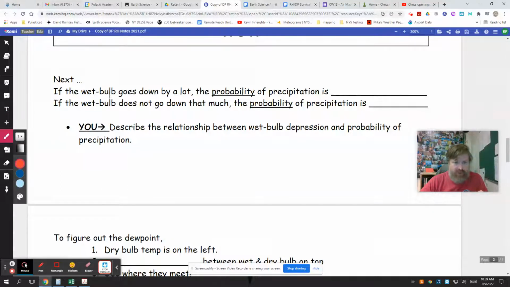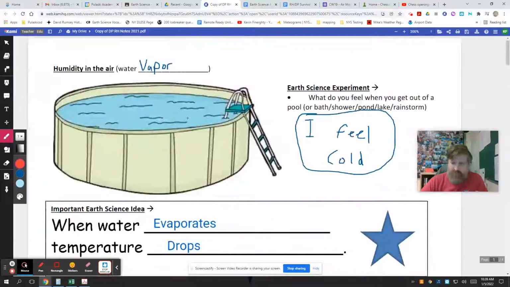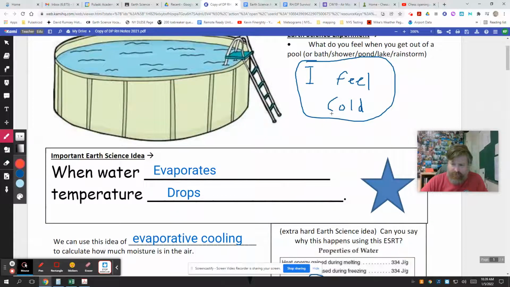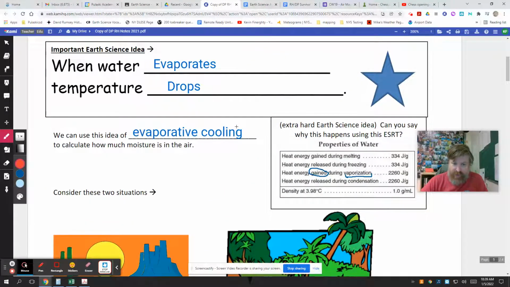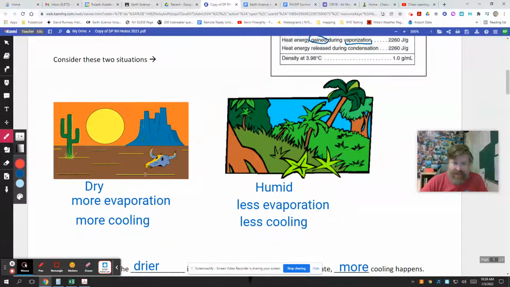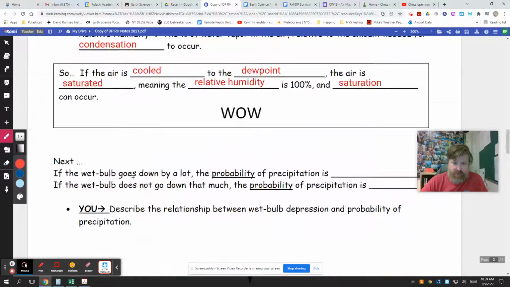If the wet bulb goes down by a lot, what does that mean? That means evaporative cooling is a thing. Things cool down as they evaporate, and if it goes down by a lot, that must mean it's very dry outside.